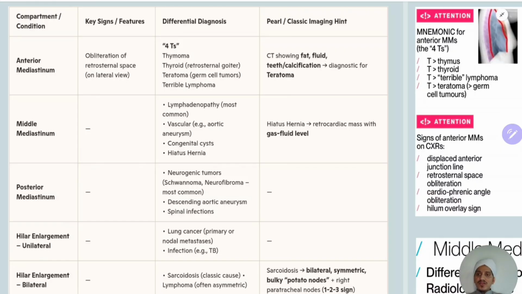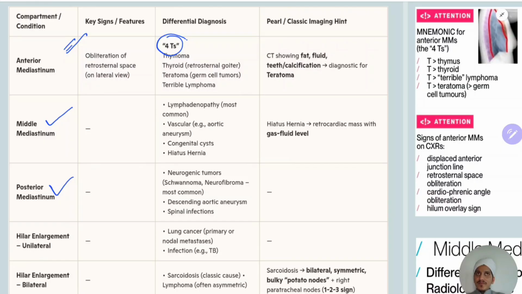Just to revise, to know whether a mass is in the middle mediastinum, the hilum overlap sign is enough. To know whether it is anterior or posterior, you need to take a lateral chest X-ray. The differential diagnosis of anterior is the 4 T's: thymoma, thyroid, teratoma, and terrible lymphoma.